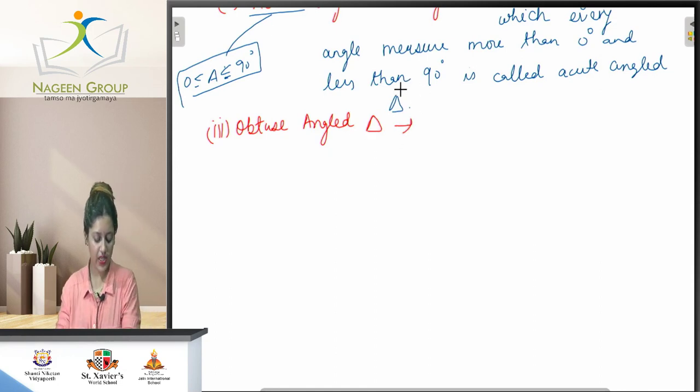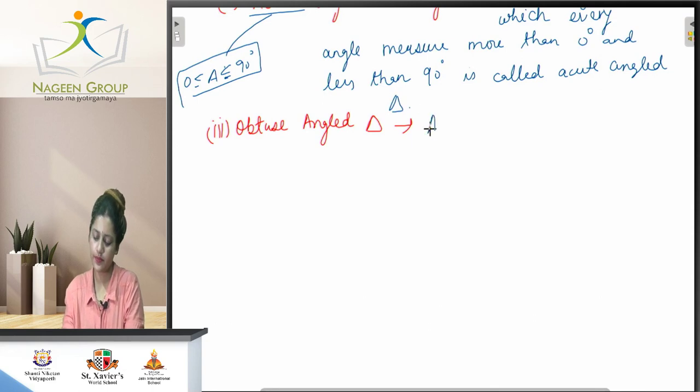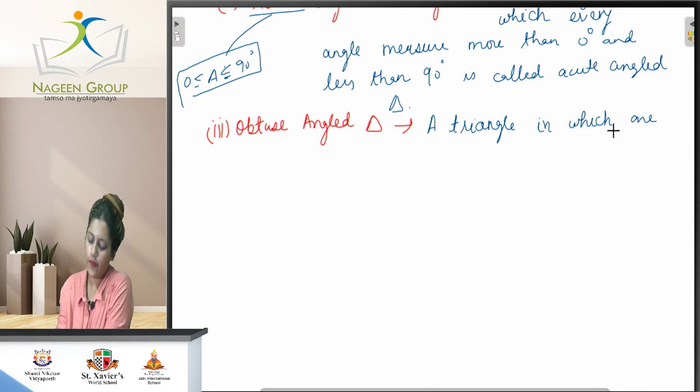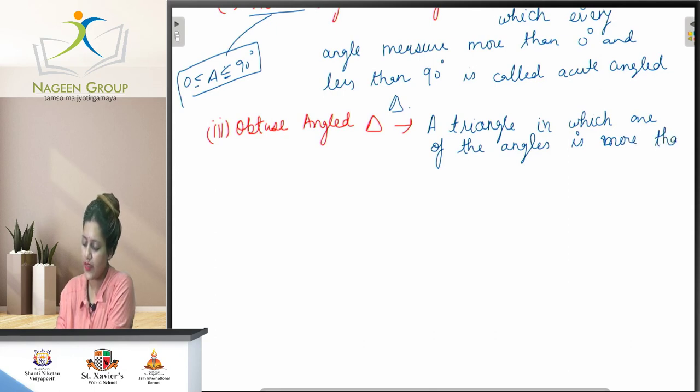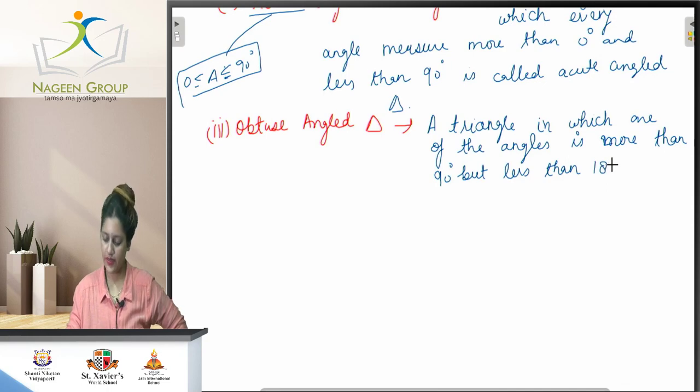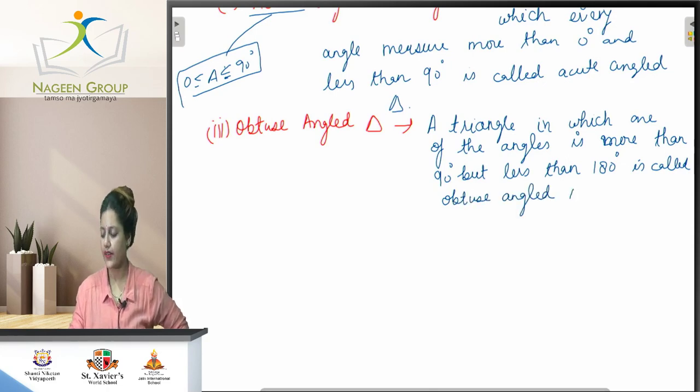That is a triangle in which one of the angles is more than 90 degree but less than 180 degree is called an obtuse angle triangle.